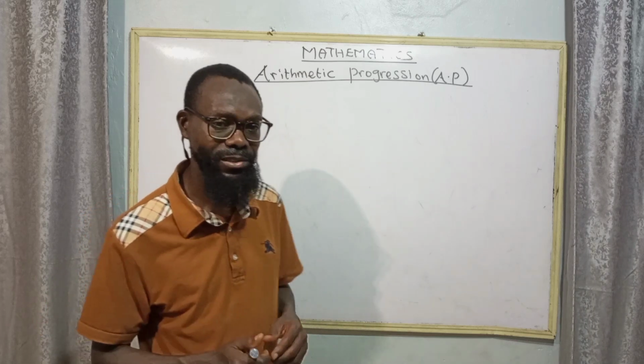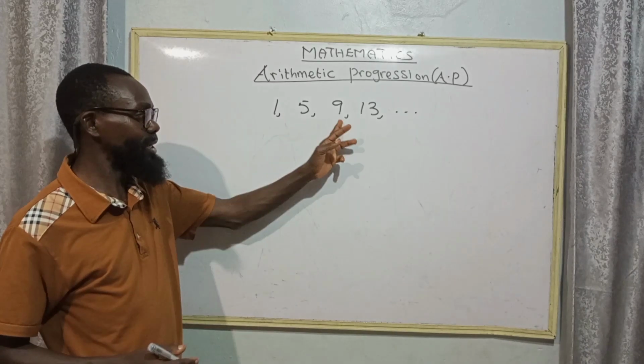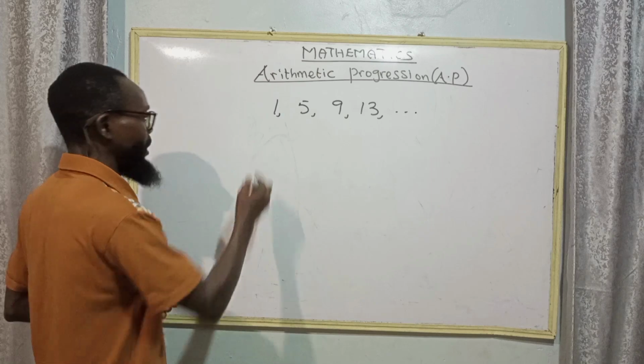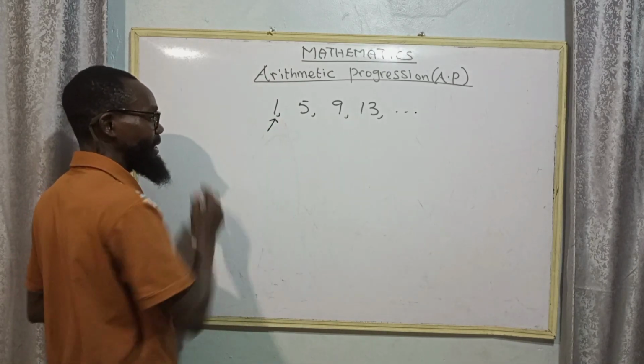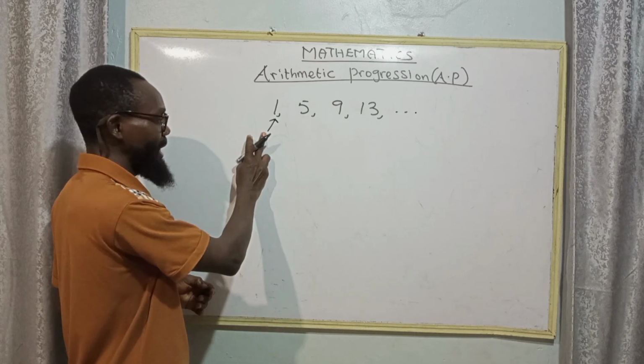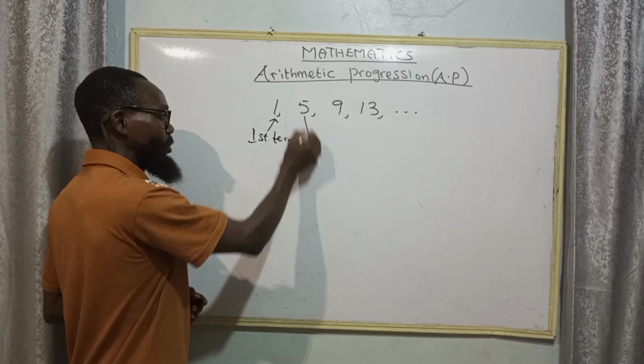Let's say, for instance, let's check this: 1, 5, 9, 13. This is a sequence.